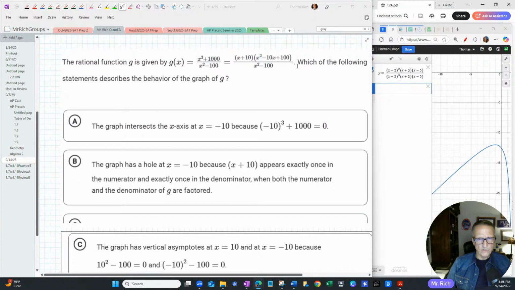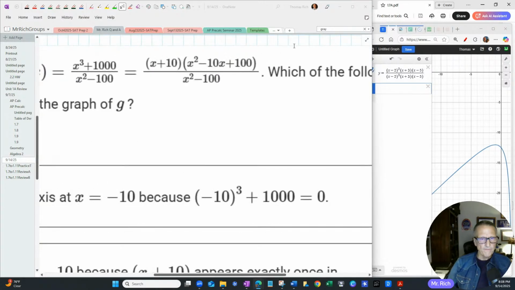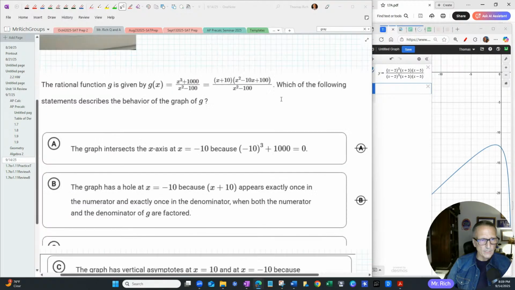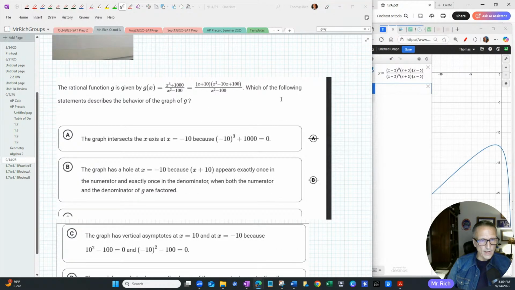Well, what we have is a rational function, and they give us this g of x, which is x cubed plus 1,000 over x squared minus 100, which then has been factored into x plus 10, x squared minus 10x plus 100, over x squared minus 100. Which of the following statements describes the behavior of the function g?